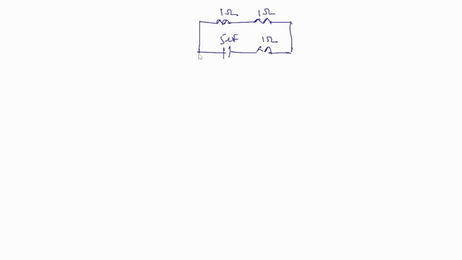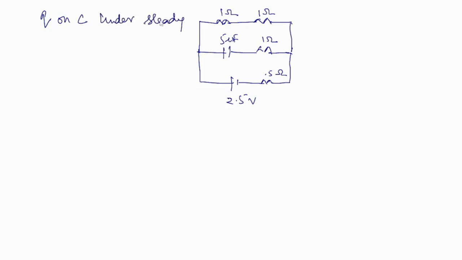And your battery here is connected in this sense. This is 0.5 ohm and this is 0.5. Now you need to find the charge Q on the capacitor under steady state.